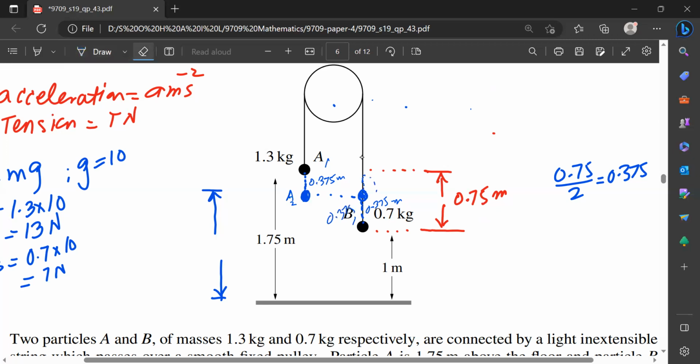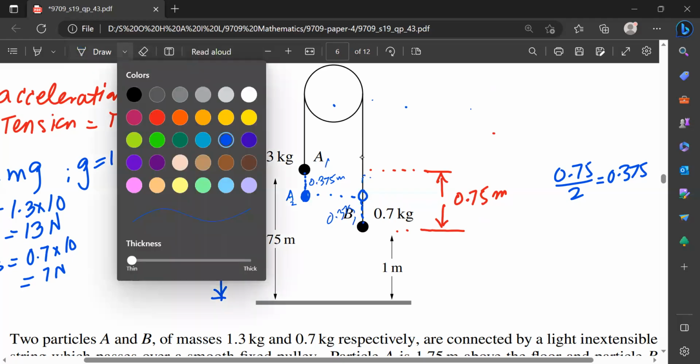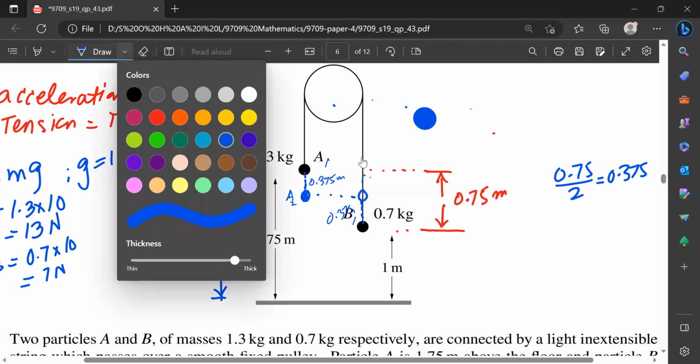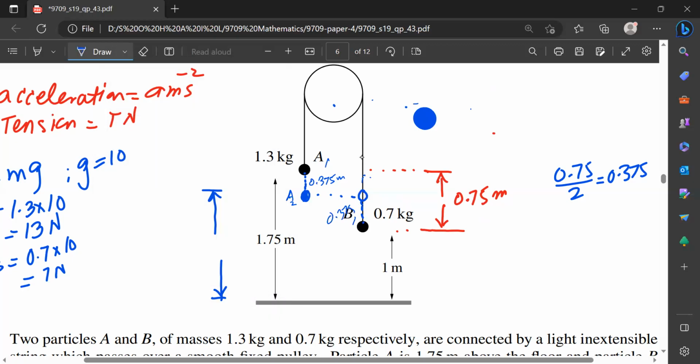After reaching the maximum height, this particle again will come to the ground. It will move a bit in the upward direction and then eventually it will come to the ground. And this, right from here, will move to the ground.